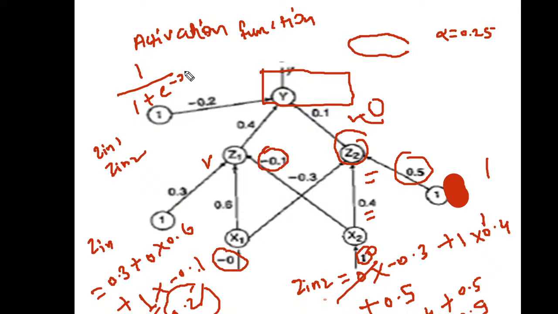Here the total net input will be substituted in place of x, replaced by z in 1, and for z in 2 also, and we will calculate the net output of z1 and z2. Clear? The next step is, after substituting inside this activation function, we have to find the output of z1 and the output of z2. So let's try to find that.